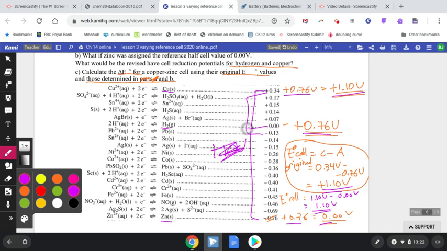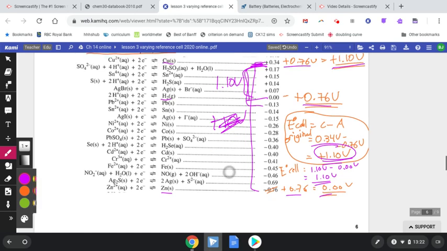It's hydrogen to copper, 1.10 volts. So it doesn't matter. If we add 0.76 to both, if we subtract 0.3 from both, we're doing it to both. Their overall difference does not change. So this is the trick question of the day. Half cell potentials change, overall cell potentials don't when you vary the reference half cell.